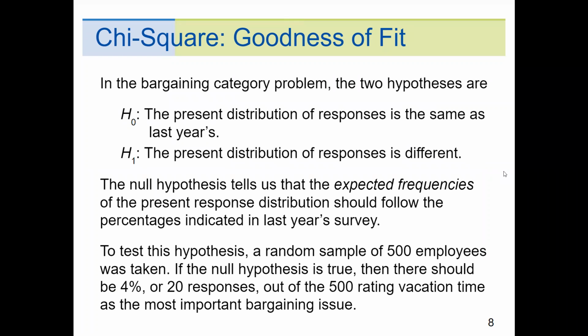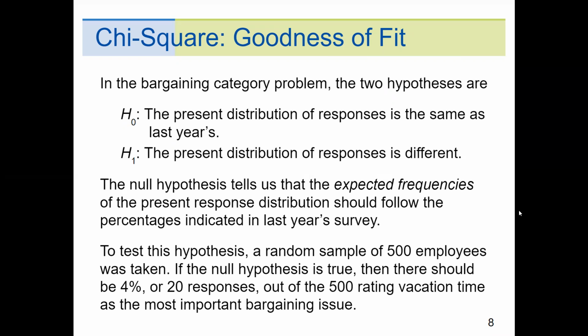In the bargaining category problem, the 2 hypotheses are, you can read them for yourselves. The null hypothesis tells us that the expected frequencies of the present response distribution should follow the percentages indicated in last year's survey.